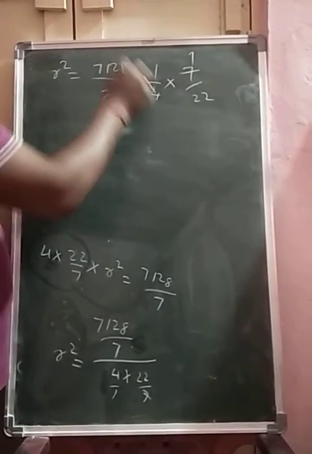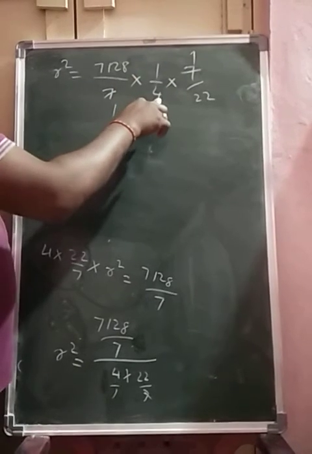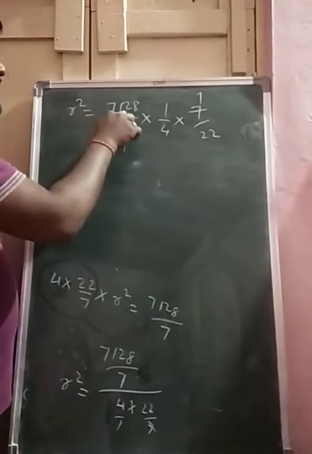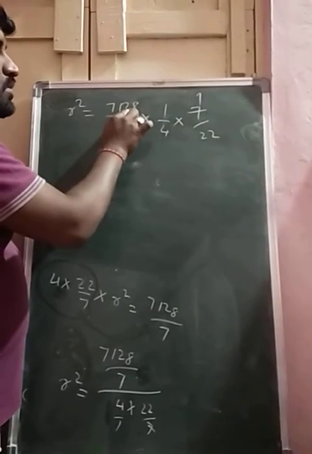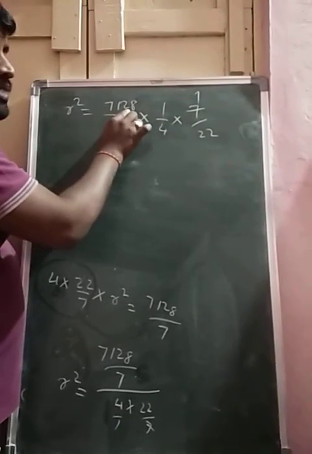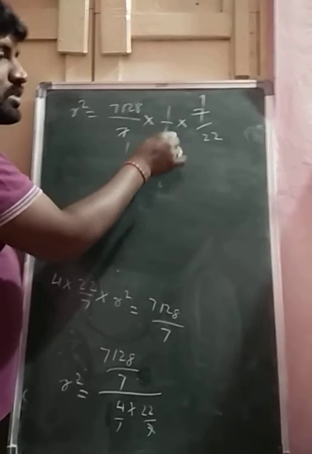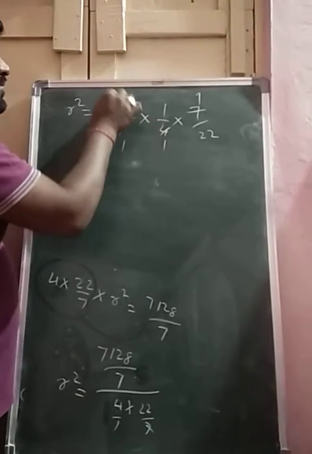So now clearly I am using 4 table. If we use the 4 table, it is exactly divisible because the tens place and ones place digits should be divisible by 4. So 4 ones are 4.